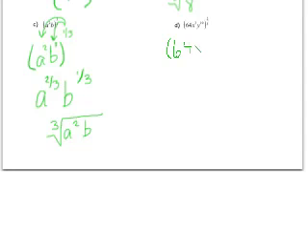I'm just rewriting it because it's too small for me. 64, x to the 3rd, y to the 10th, all raised to the 2/5. So I'm going to do 64 to the 1 to the 2/5. So I have to do 1 times 2/5, which is 2/5. So I have 64 to the 2/5. I have to do x cubed to the 2/5.